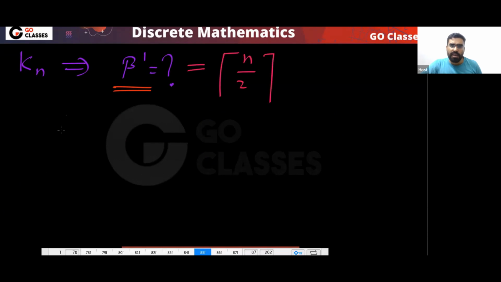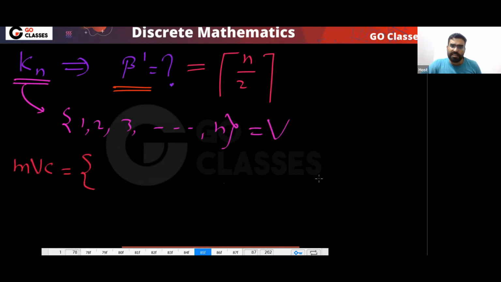Because if you have Kn, then what can you do? You have every 2 vertices adjacent, right? Yes or no? This is your vertex set. Every 2 vertices are adjacent. So minimum edge cover will be like this: 1, 2, 3, 4, 5, 6, 7, 8, and so on. This is the edge, this is edge, this is edge.